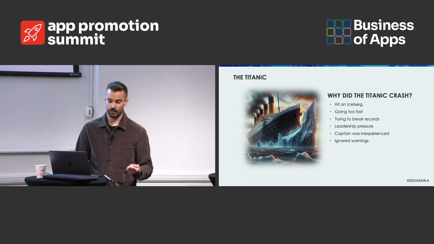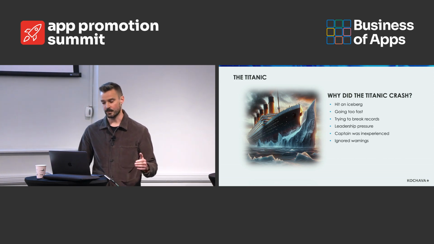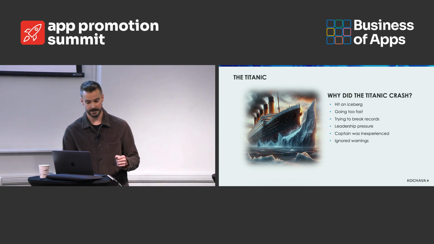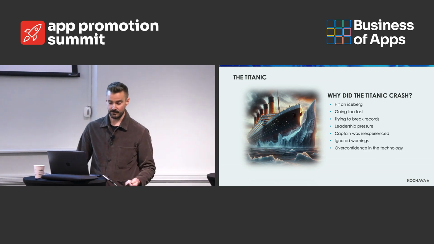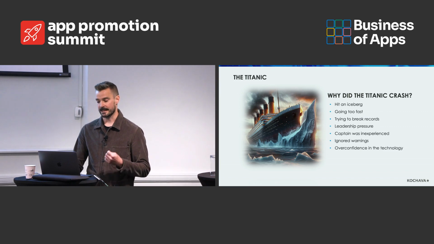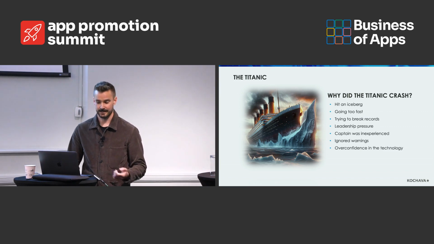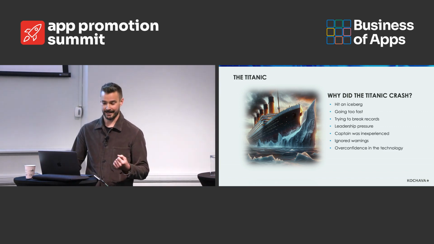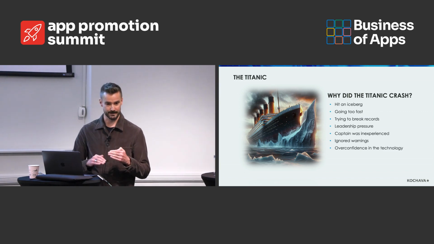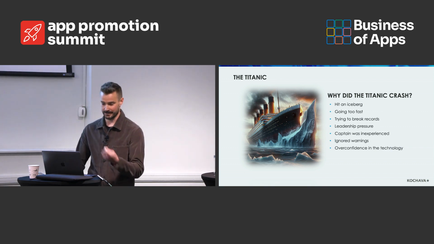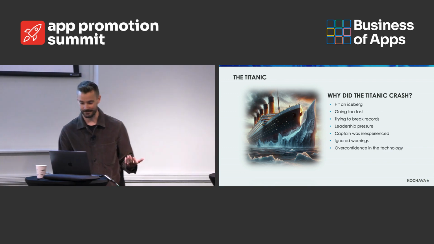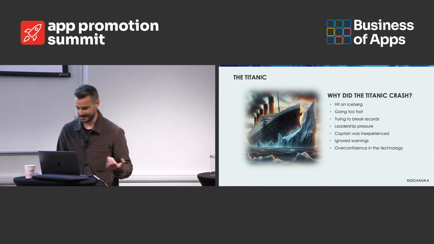And they ignored all of the warning signs. They had multiple warning signs around icebergs in the area. And the reason they ignored those warning signs is because they had overconfidence in the technology. The picture that I'm trying to paint here is that there are multiple reasons for something happening. It isn't just the last touch point. Okay, so in this case, the iceberg gets the credit, infamous as it was.